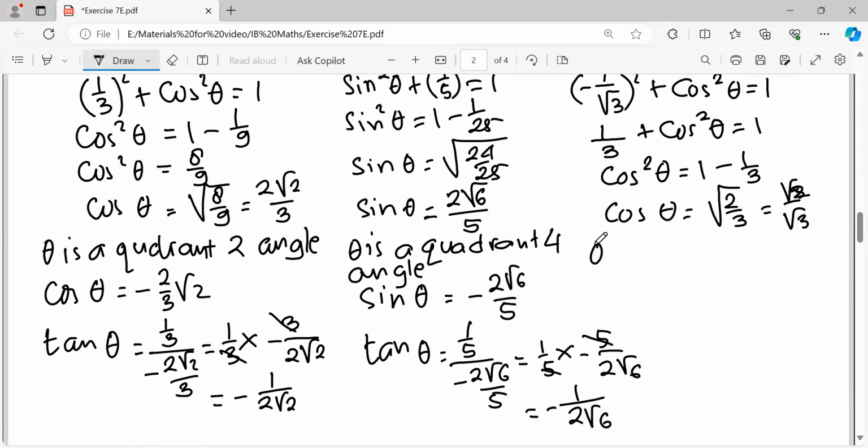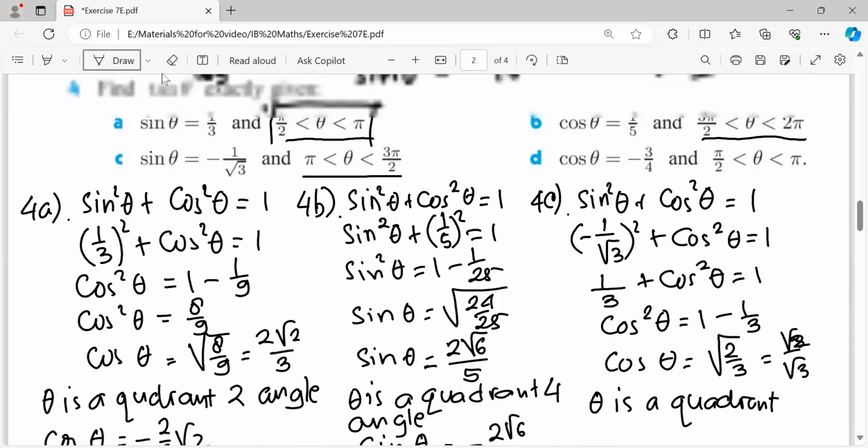So theta is in a quadrant. Which quadrant? I'm going to check first. Quadrant 3.